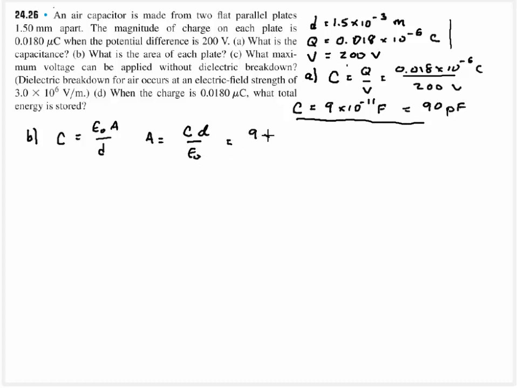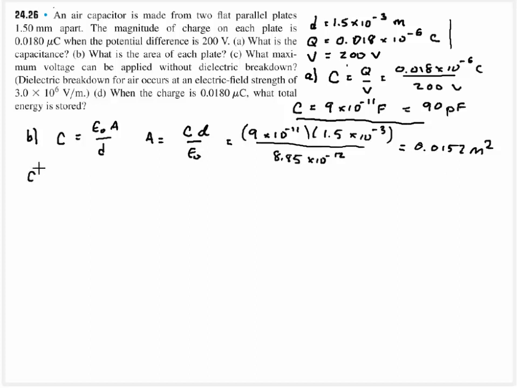So this is going to be 9 times 10 to the negative 11th farads, distance of separation 1.5 times 10 to the minus 3 meters, permittivity of free space 8.85 times 10 to the negative 12th with a whole bunch of weird funky units. And we're going to get my area of the plates to be 0.0152 square meters.